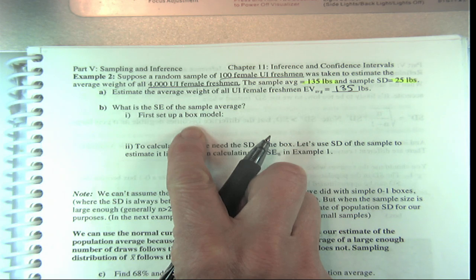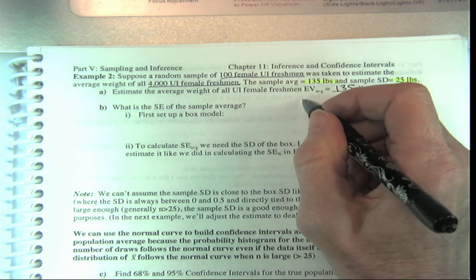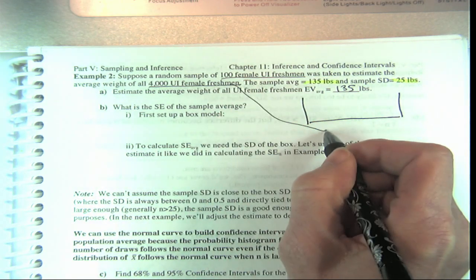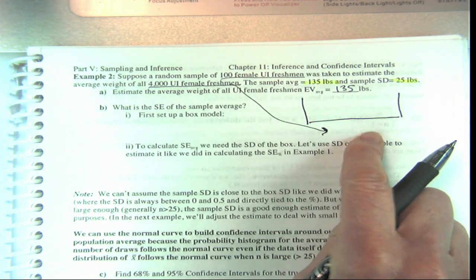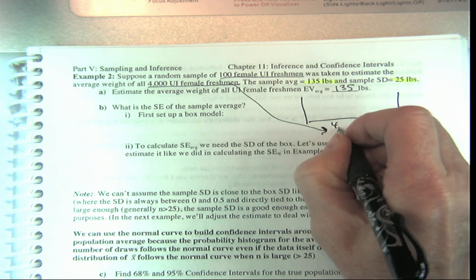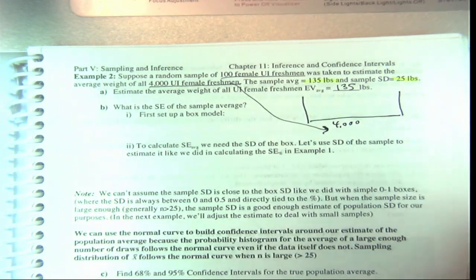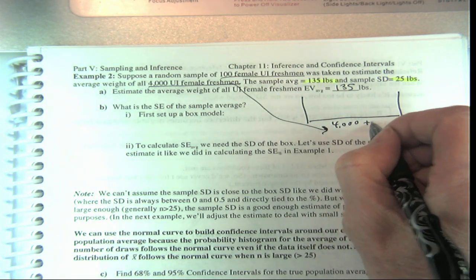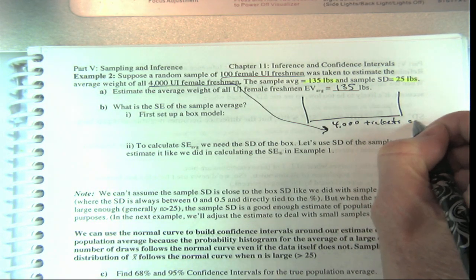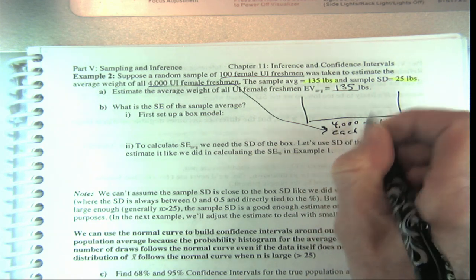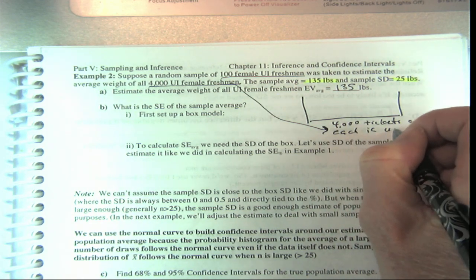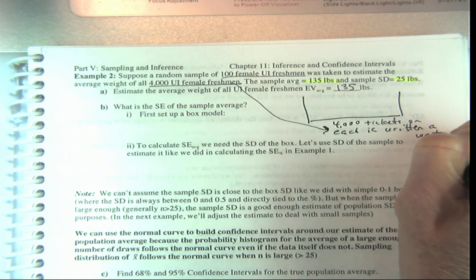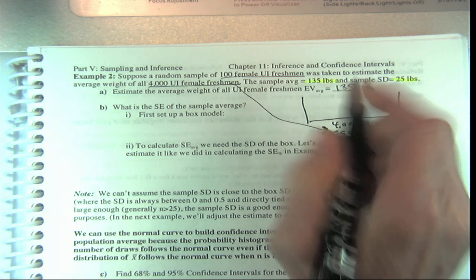So now we have to set up this box model. What are we going to do? We have this box, and here it represents the whole population. So there's 4,000 tickets, one for every one of these female freshmen, and on each is written a weight. And we don't know what the average of the box is.